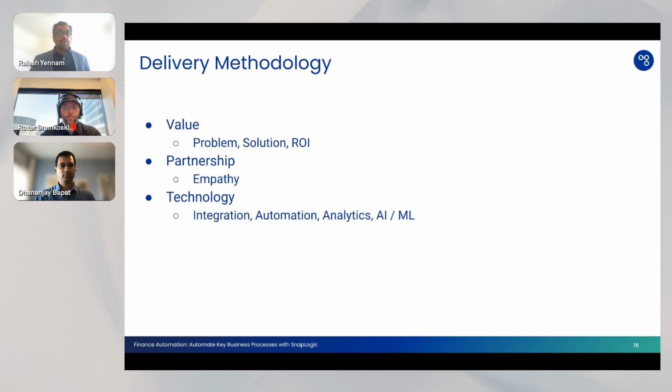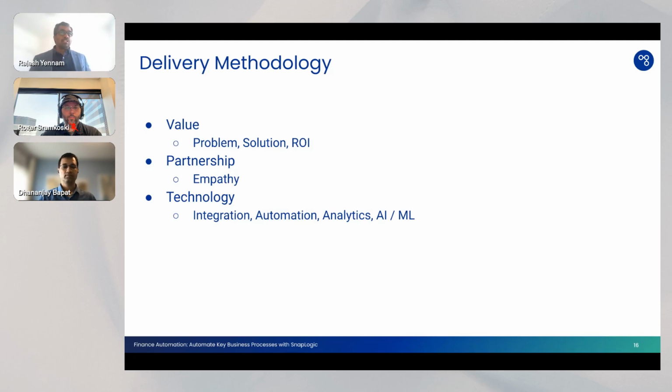And if we look at our delivery methodology, the key focus is on delivering value to our clients, because many times we get into these engagements, the customer will have an idea of the problems and the challenges that they're going through, but we have to really drill down and ensure that we have a complete idea about the entire problem that they are going through, and then give them a map around how we can solve their problems with a solution mapping, so that they have a clear understanding of the ROI and the impact that we are going to deliver.